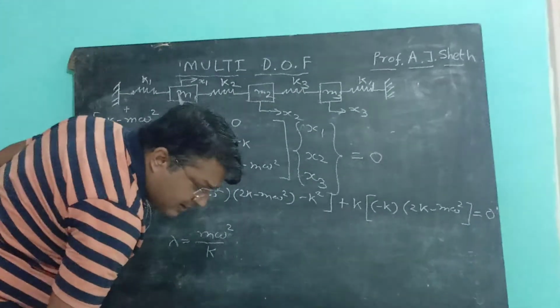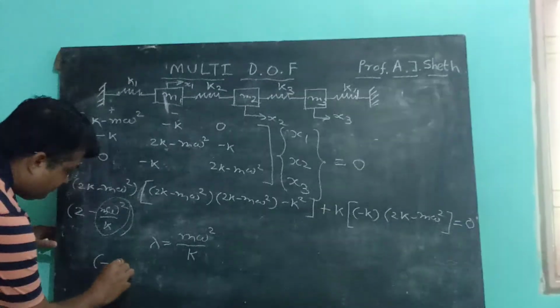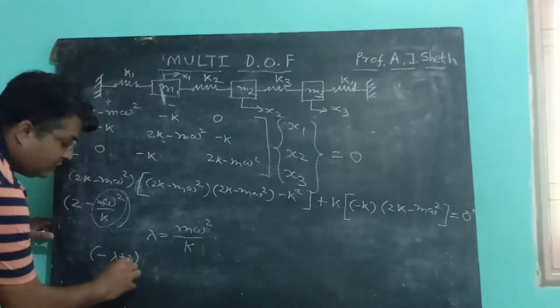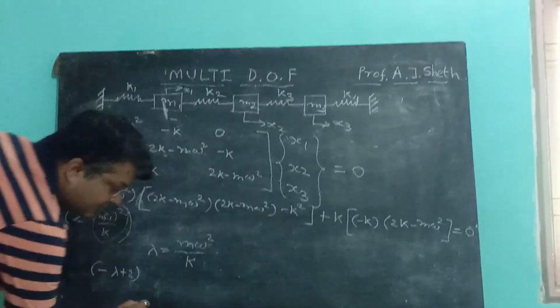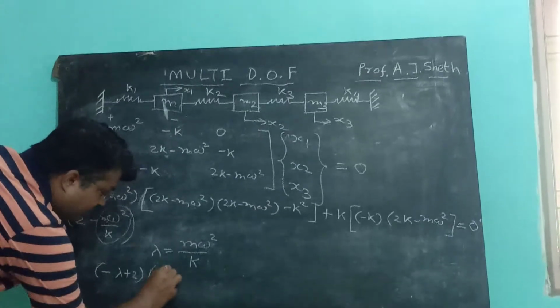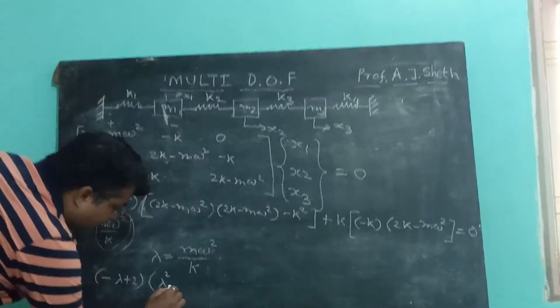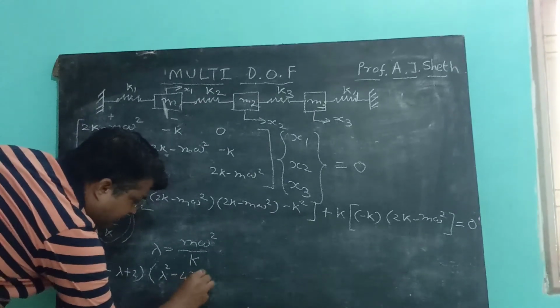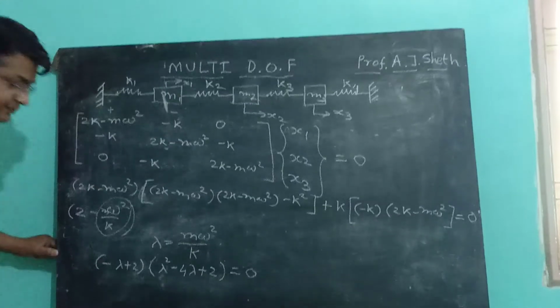It is minus lambda plus 2, multiplied by lambda square minus 4 lambda plus 2, equal to 0.